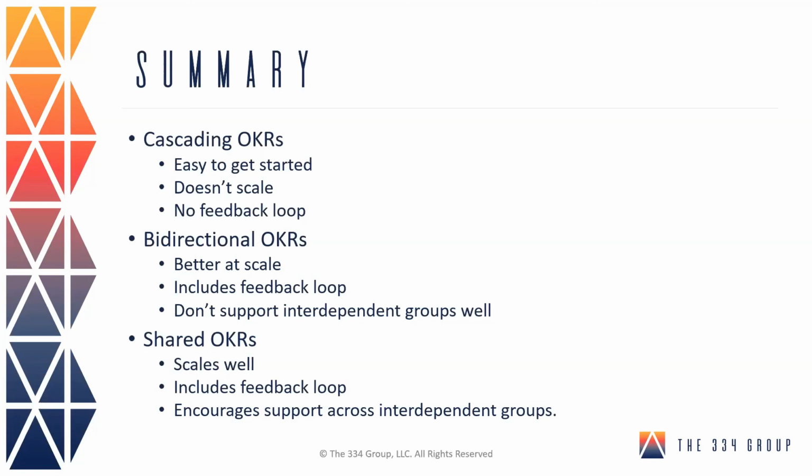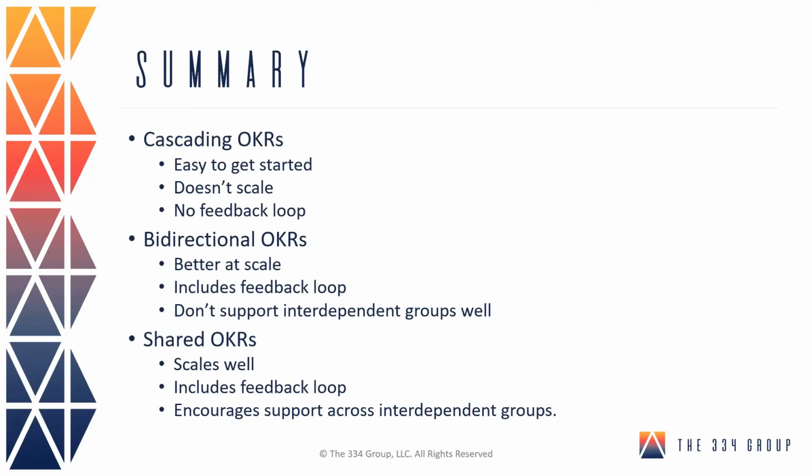Shared OKRs provide a really great way to ensure some capacity in every area of the company is directed at achieving the very top priorities of the company, while still allowing for some local autonomy and feedback based on customer input.